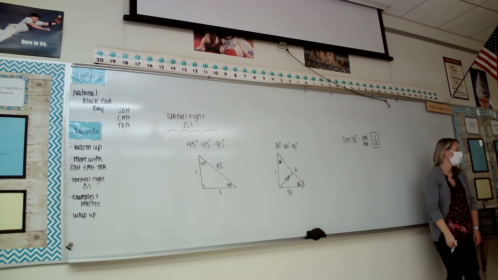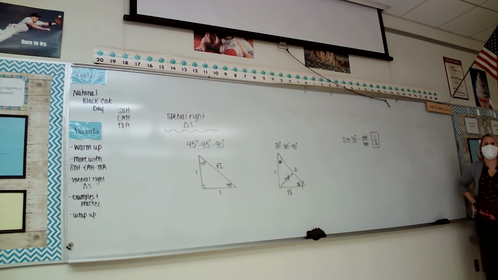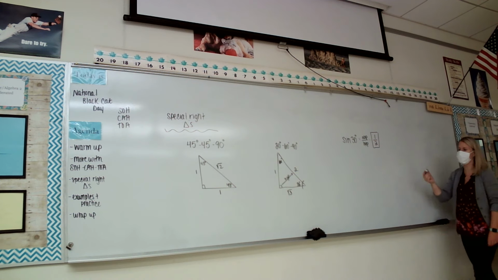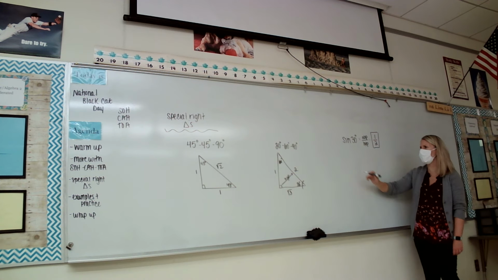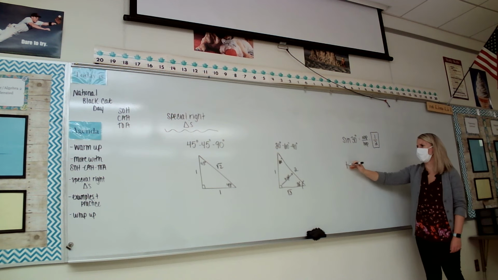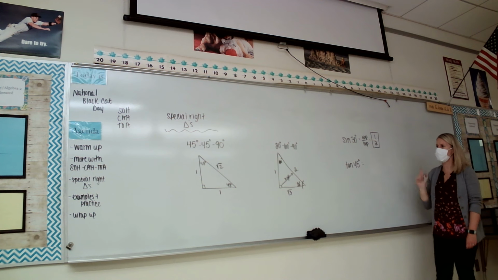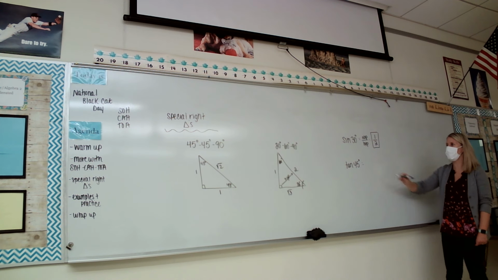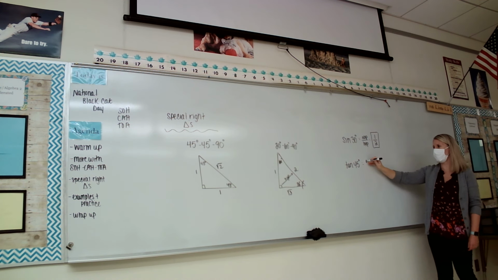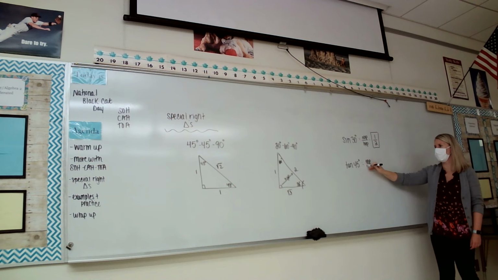And that's it. So it's using what we just did, but now instead of saying A, B, or C, it's just telling us what our angle is. So we go to that angle in our special right triangle, and we look up the ratio for the sides. So if I said, hey, what's the tangent of 45? You would say, oh, that's a special right triangle. Tangent is opposite over adjacent.